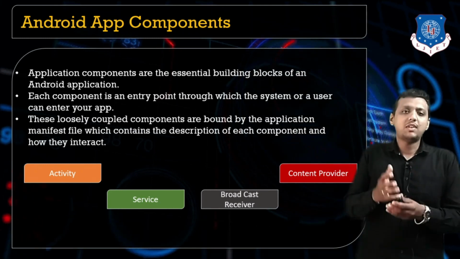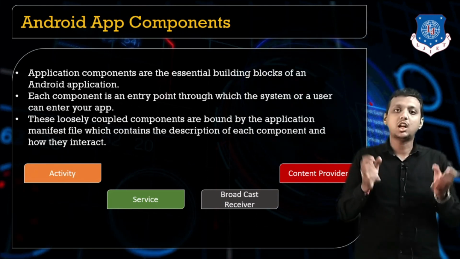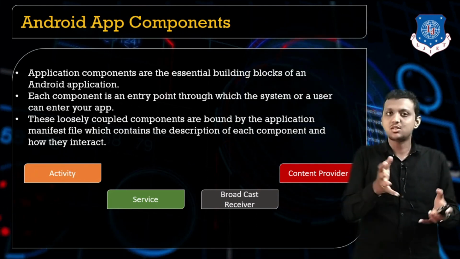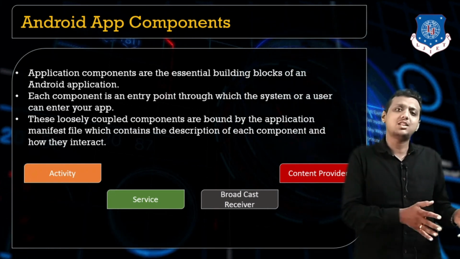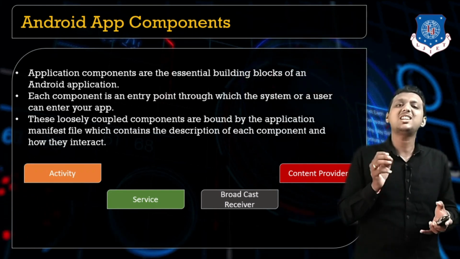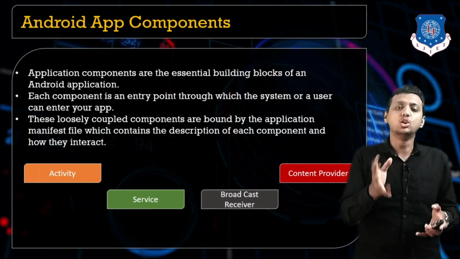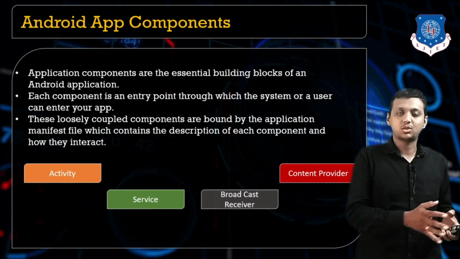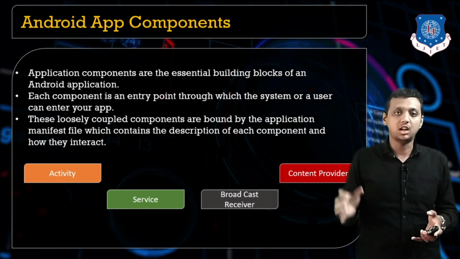The third one is the broadcast receiver. When you are announcing something, that is known as broadcasting, right? So when we talk about the broadcast receiver, the Android system broadcasts some events to the other Android components. For example, I set an alarm for 7 a.m. early in the morning.